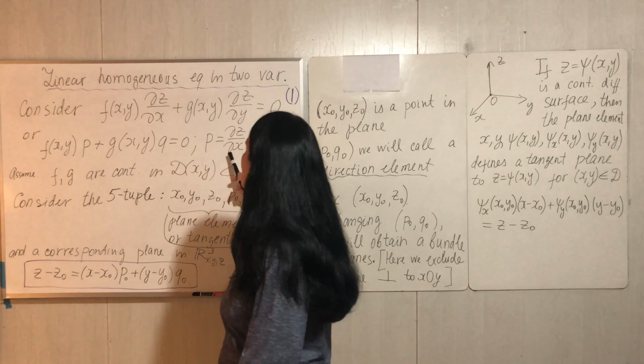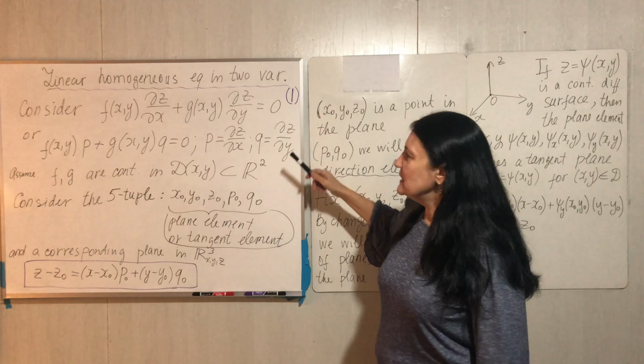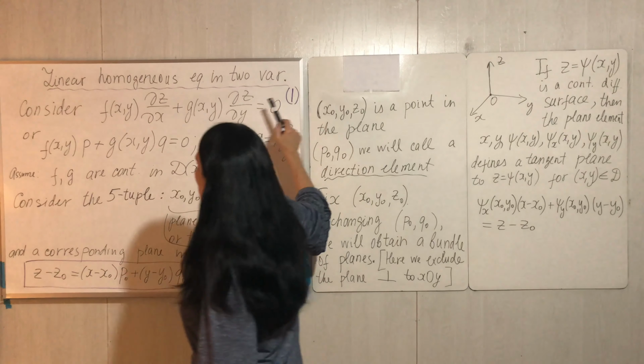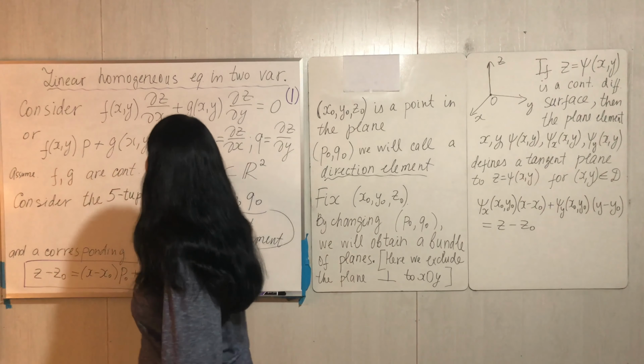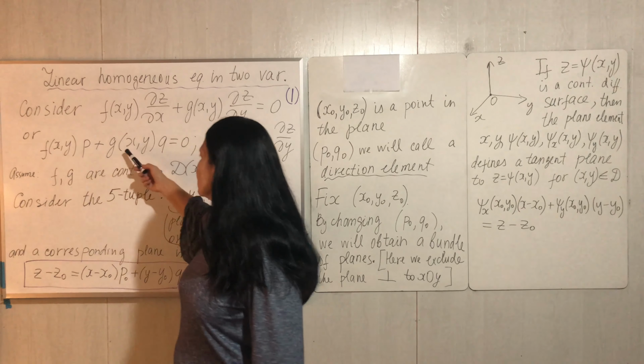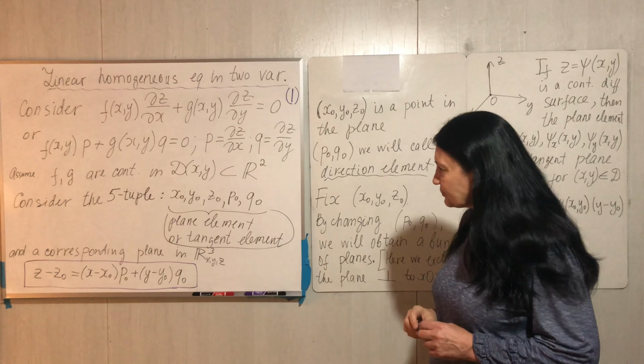If we introduce these Monge notations, p is dz/dx and q is dz/dy, then our equation, let's give it number 1, can be rewritten in this form: f times p plus g times q equals 0.